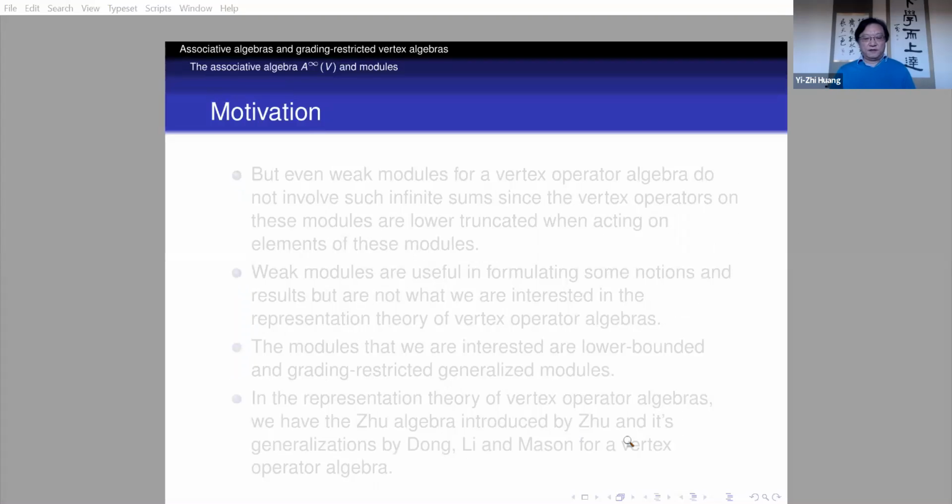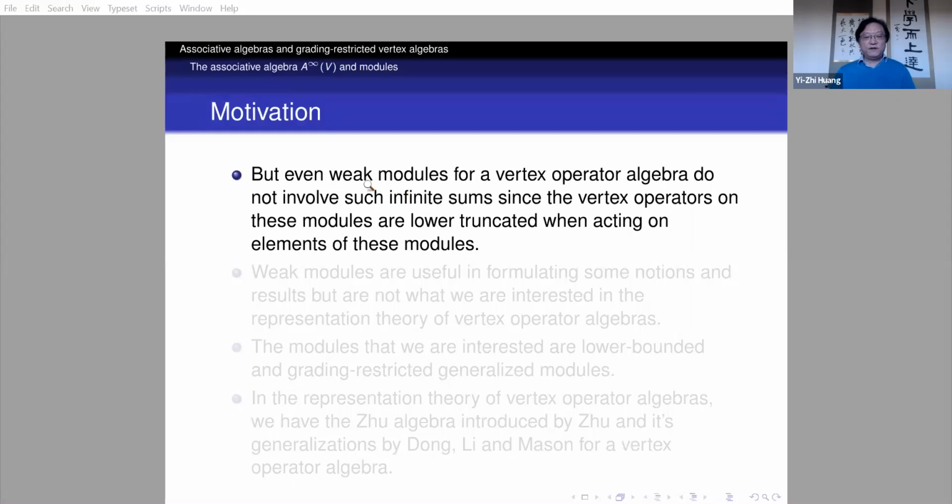Even the so-called weak modules for a vertex algebra do not involve such infinite sums, because the vertex operators are always lower truncated. So we do not really study such general modules, and therefore we should not really use the enveloping algebra. Sometimes you can use some quotient of the universal enveloping algebra to construct, for example, the Zhu algebra and so on, but it's not the algebra itself.